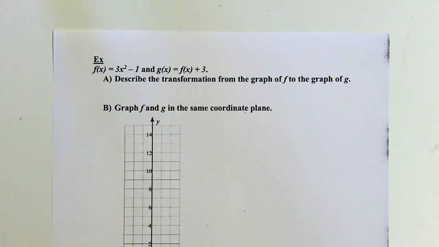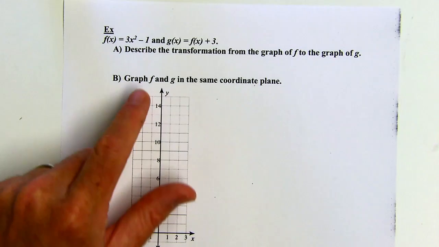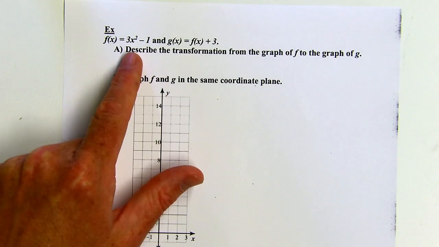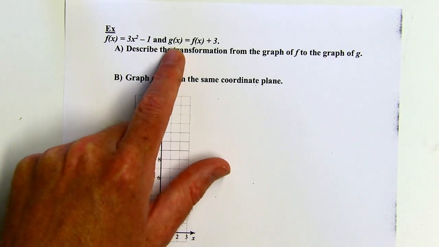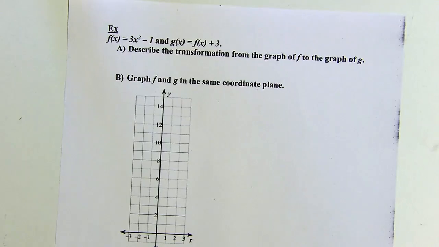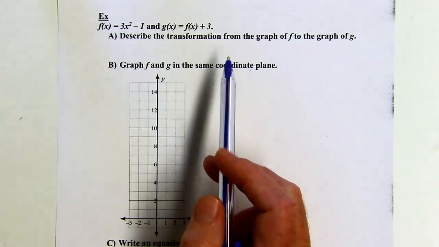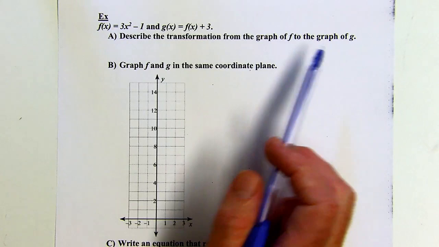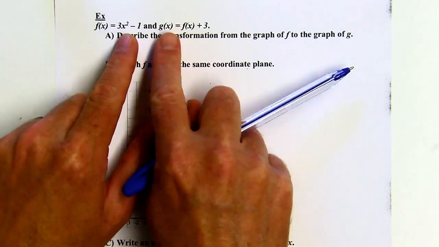Okay, so let's see. We've got f of x equals 3x squared minus 1, and then g of x, a new function, function g, is going to be f of x with a 3 added to it. So we're going to describe the transformation from the graph of f to the graph of g. What's the difference between f and g?